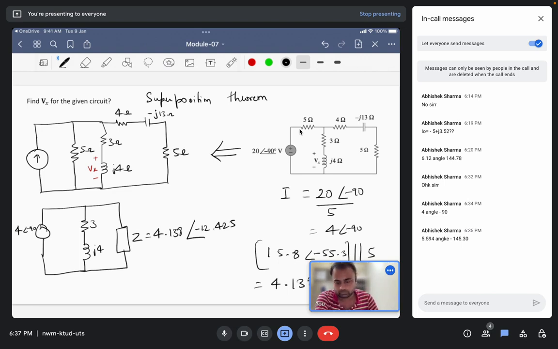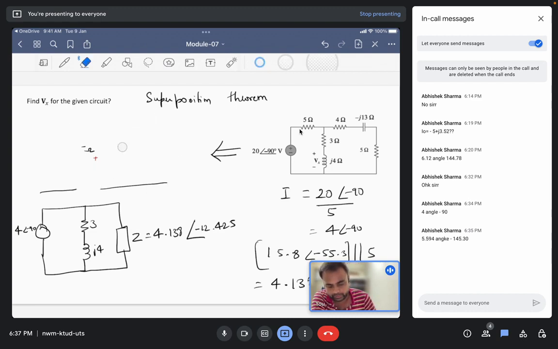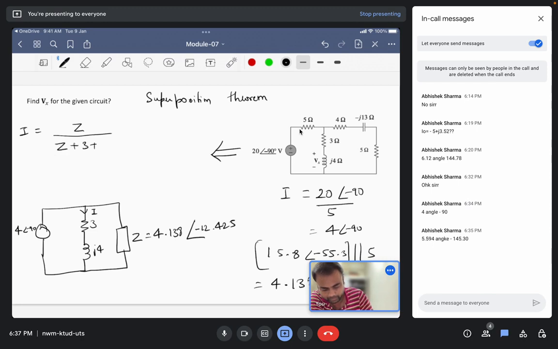So we can use the current division rule here to find the current through the 3 ohm and 4 ohm resistance. So the current, let us call it I, is given by Z, the impedance of the other branch, upon the sum, that is Z plus 3 plus j4, times the total current, that is 4 angle minus 90 degrees. So let us find the current.